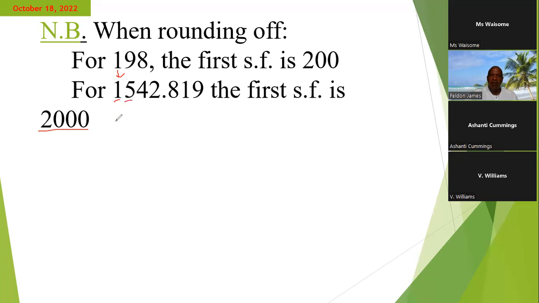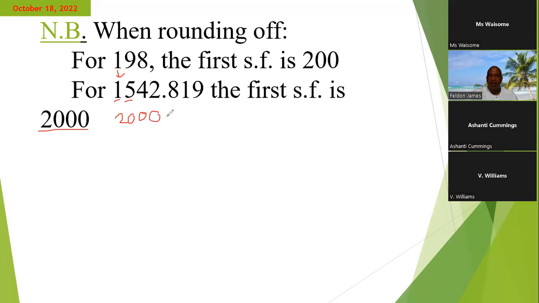We add 1 to the 1, we get 2. Now what you notice here, put a placeholder 0 for where the 5 was, 0 where the 4 was, and 0 where the 2 was.